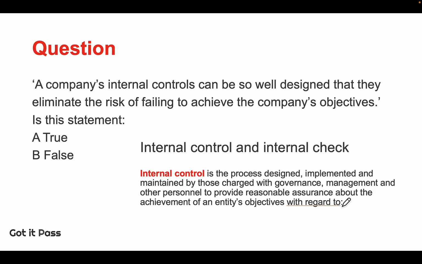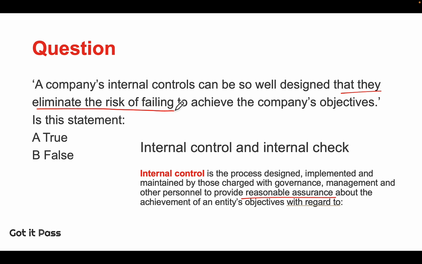And remember, internal control is a process designed, implemented, and maintained by those charged with governance, management, and other personnel to provide reasonable assurance about the achievement of an entity's objectives. So it's reasonable assurance, and you need to think about whether internal controls can eliminate the risk of failing.